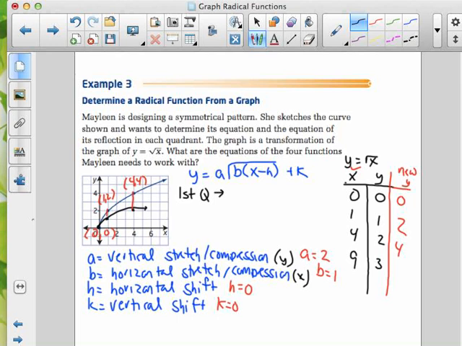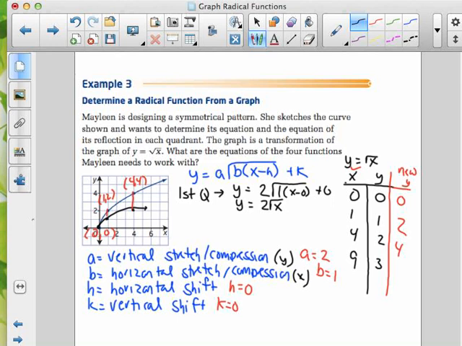And h and the rest of them are 0 or 1. We'll write it all out, and then we can just simplify. So y equals 2 times the square root of 1 times x minus 0 plus 0. Well, that's just y equals 2 square roots of x. And that's the equation for the graph that's shown.